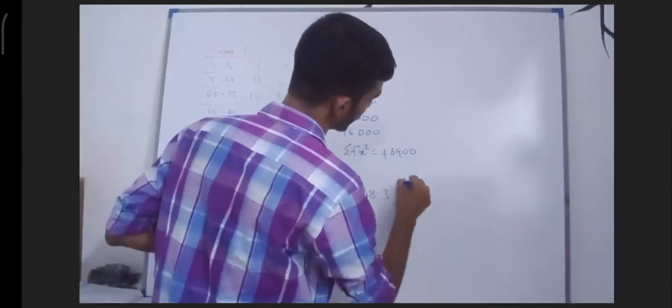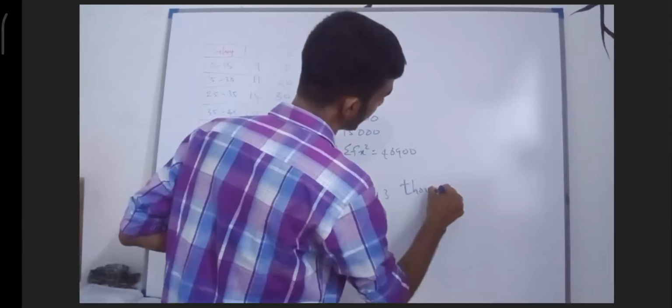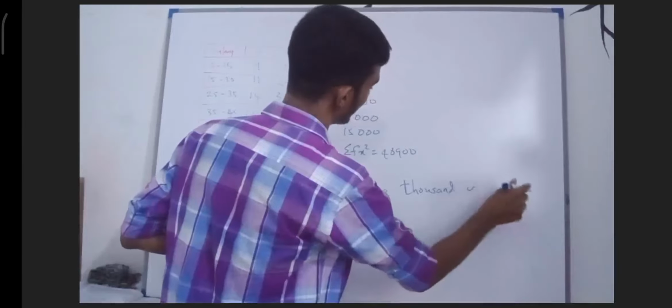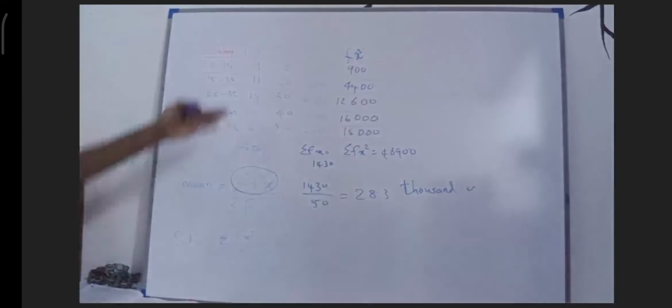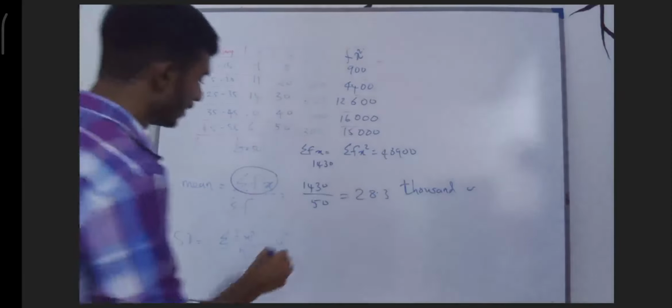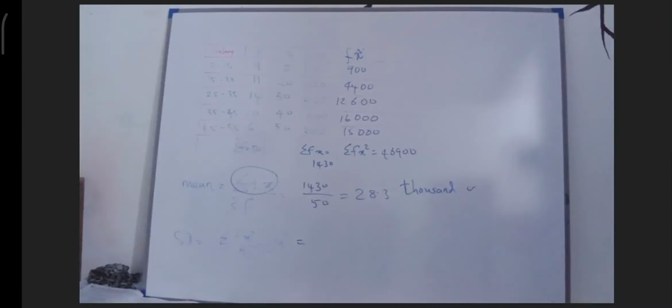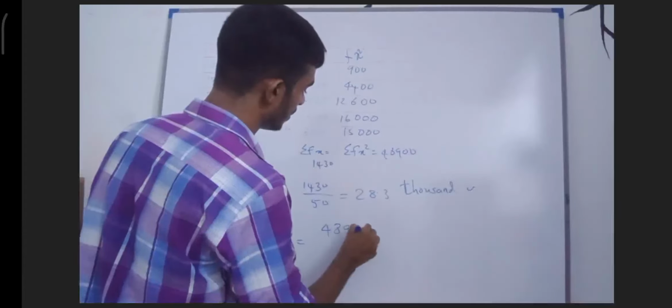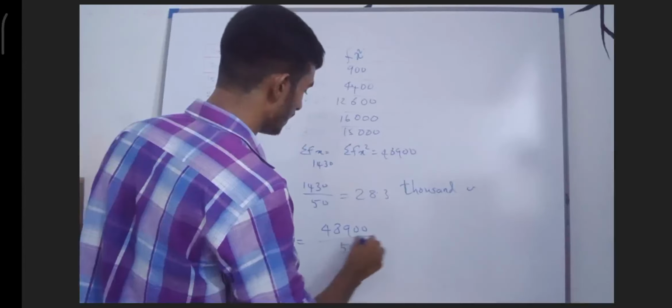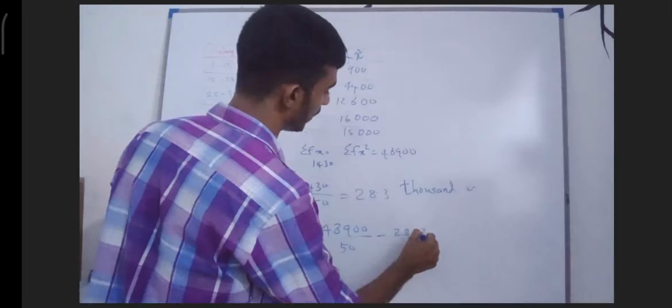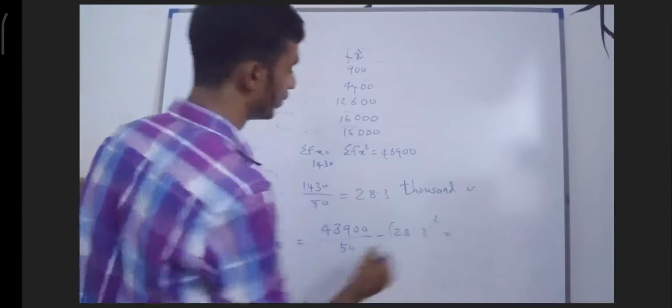That is 28.6 thousand rupees. The unit is very important, because the data is given in thousand rupees. So here you just substitute the values: 48900 divided by 50 minus 28.3 squared.